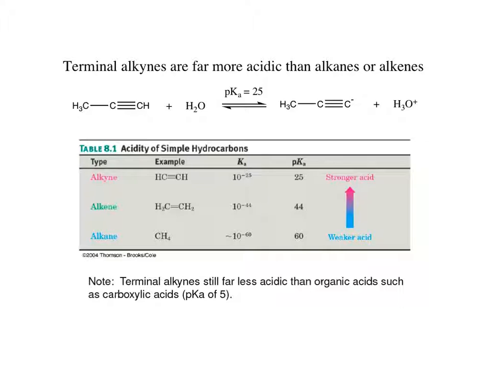Also note that although this makes the terminal alkyne much more acidic than the other hydrocarbons, it is by no means a strong acid, and by comparison, you can compare the pKa of a terminal alkyne with the pKa of a typical carboxylic acid, which has a pKa around 5.